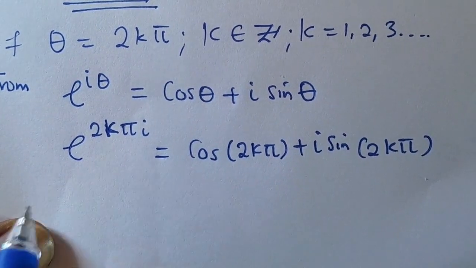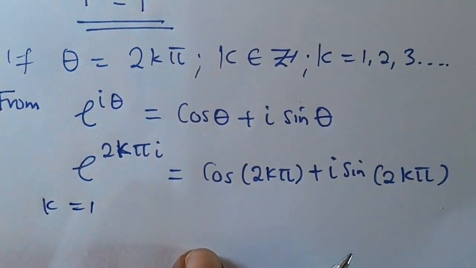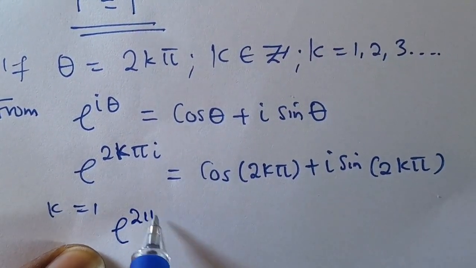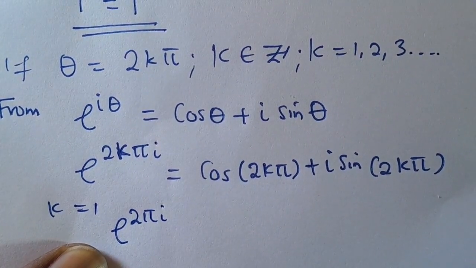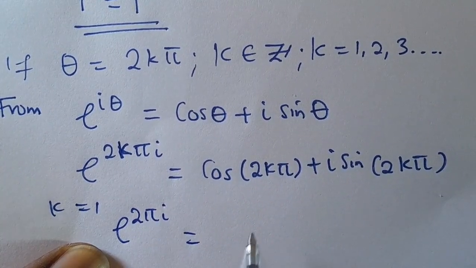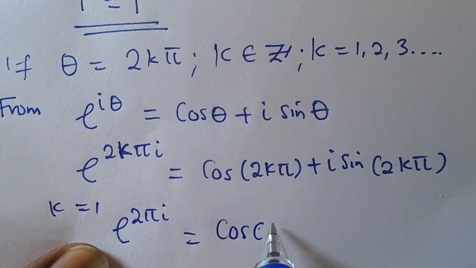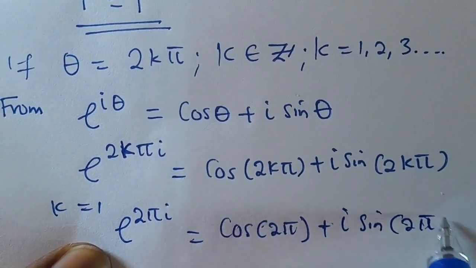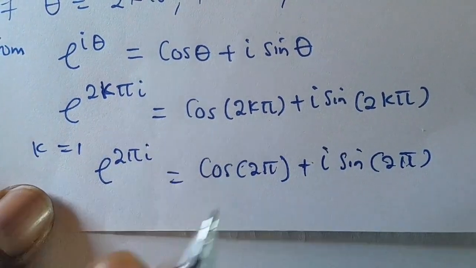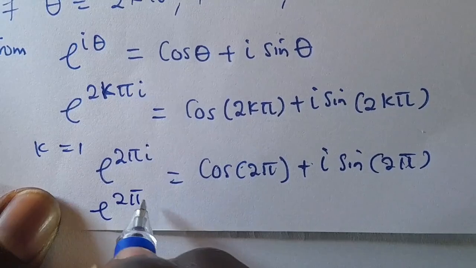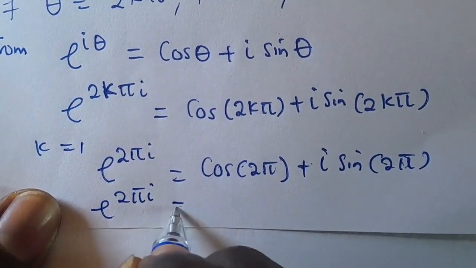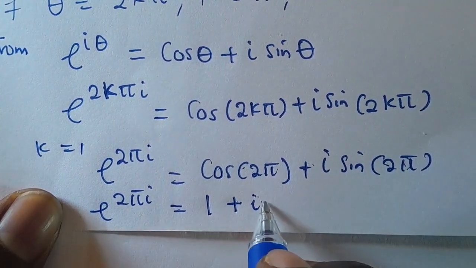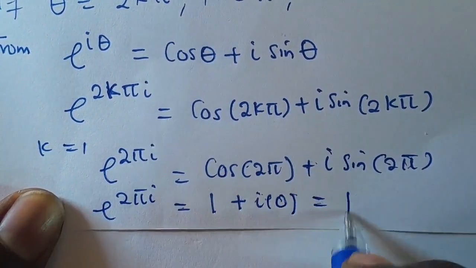Okay, let us now test for k. When k equals 1, we will have e to the power of 2 pi i equals cos 2 pi plus i sine 2 pi. Now, e to the power of 2 pi i equals cos 2 pi, which gives us 1, plus i sine 2 pi, which gives us 0, and this equals 1.